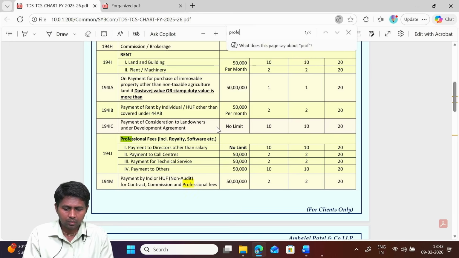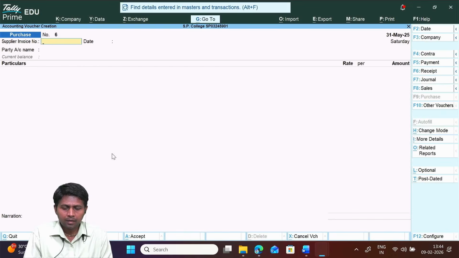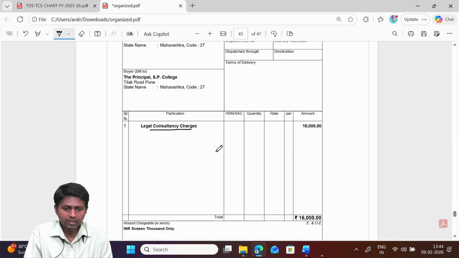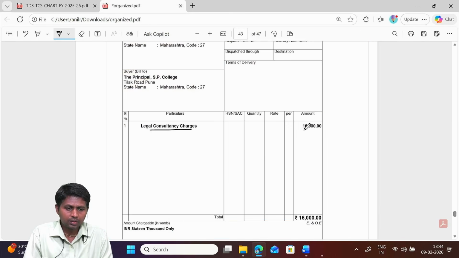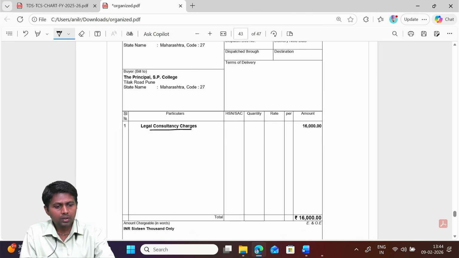Now professional fees, that is professional and consultancy fees. But here in this chart they have written just professional, 194J. For this 194J is applicable. And what 194J is saying: if the amount is more than 50,000, then only TDS is applicable. Your revised amount is 16,901, which is less than 50,000, therefore TDS is not applicable.